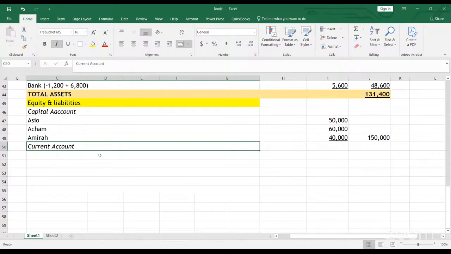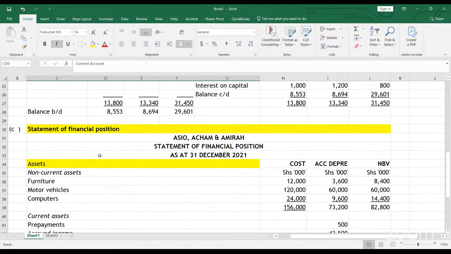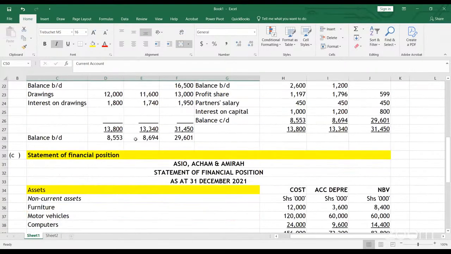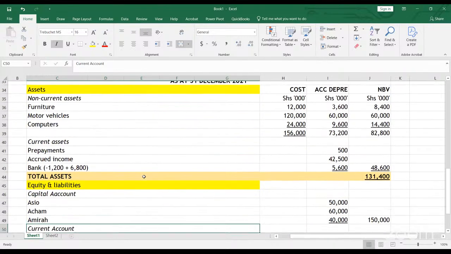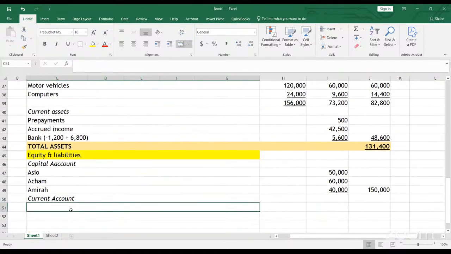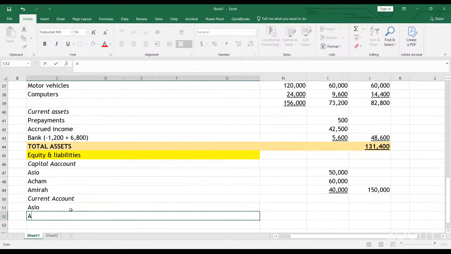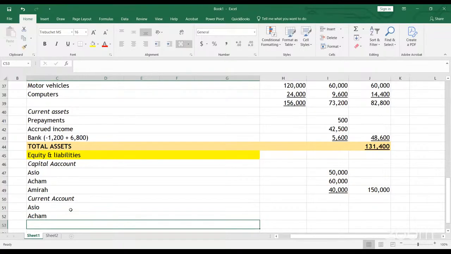So their balances are negative, so we are going to show them as negatives because they appear on the debit side of the current account, yet they're supposed to be on the credit side. If they're on the credit side, then they would be positive. They have some money, but now the balances are on the debit, so the balances are negative. So, don't forget to show them as negatives: a CO, a CHAM, and then a mirror.